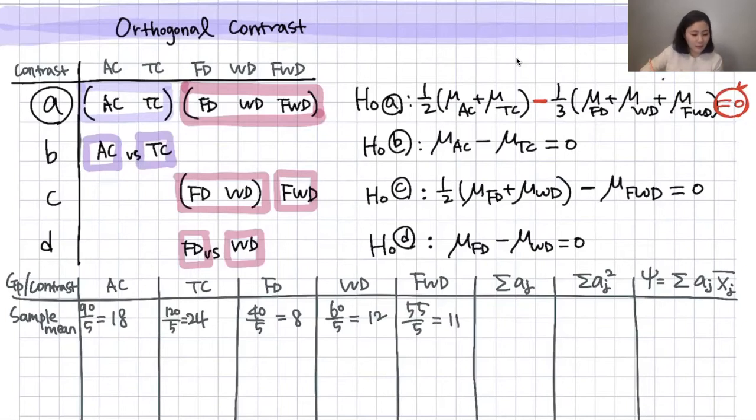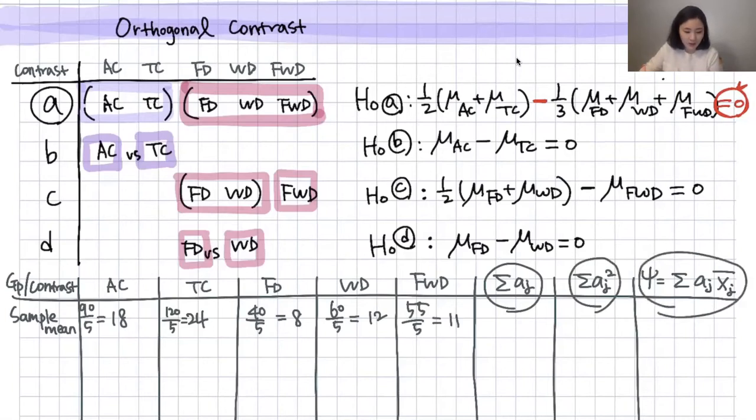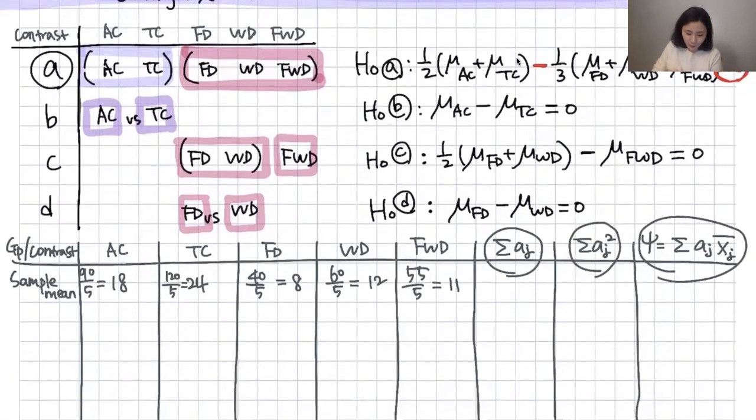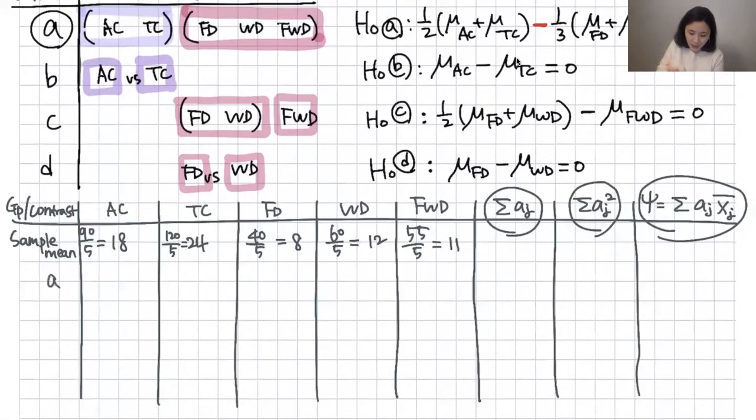And this column is the sum of the coefficients of the linear contrast, this column is the sum of the squares of the coefficients of the linear contrast, and this column is the linear contrast. So for my contrast A, the coefficient for mu AC is 1/2, so I will copy 1/2, and the coefficient of mu TC is 1/2, so I will put 1/2 here.